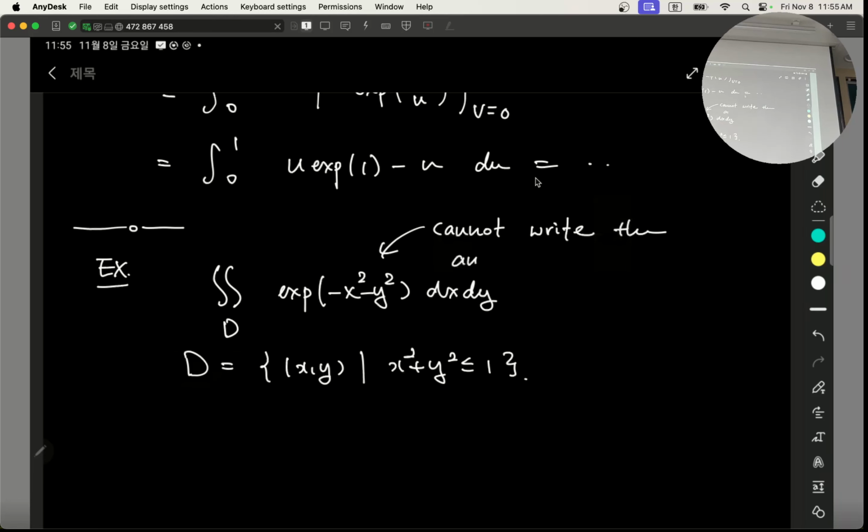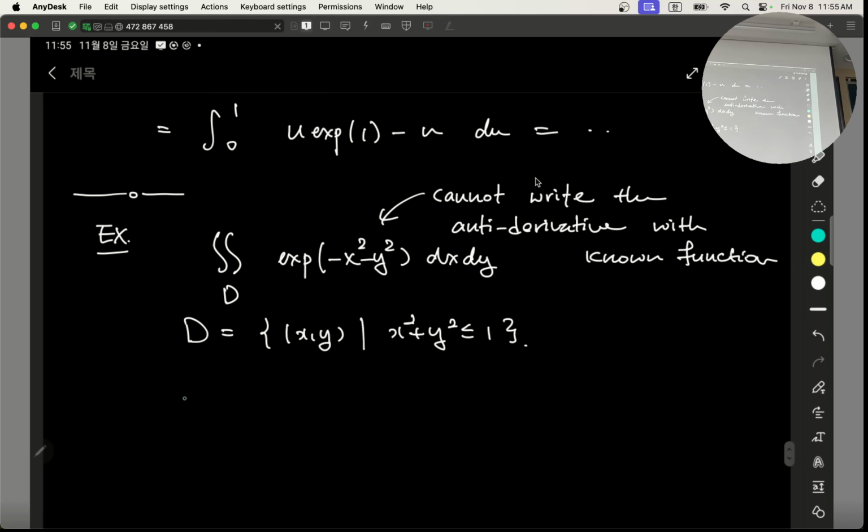So you cannot write the antiderivative with known functions. Our trick is to use the integration by substitution.